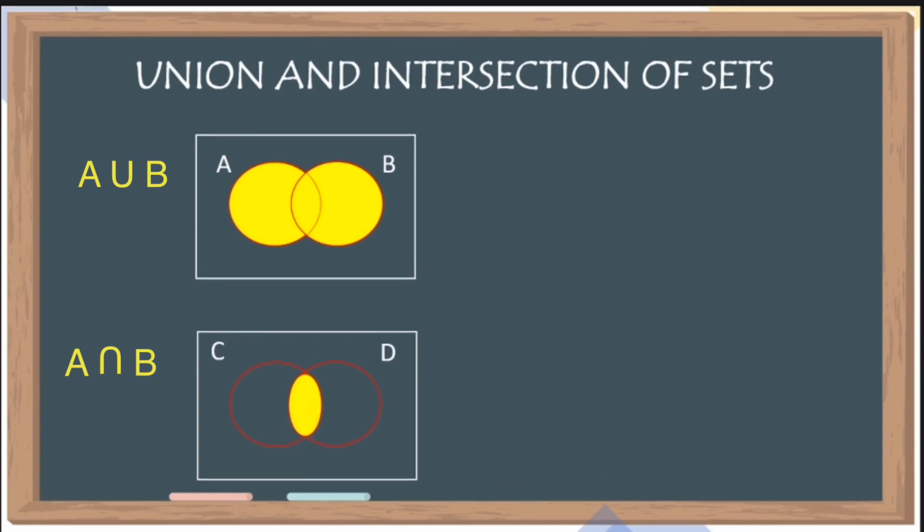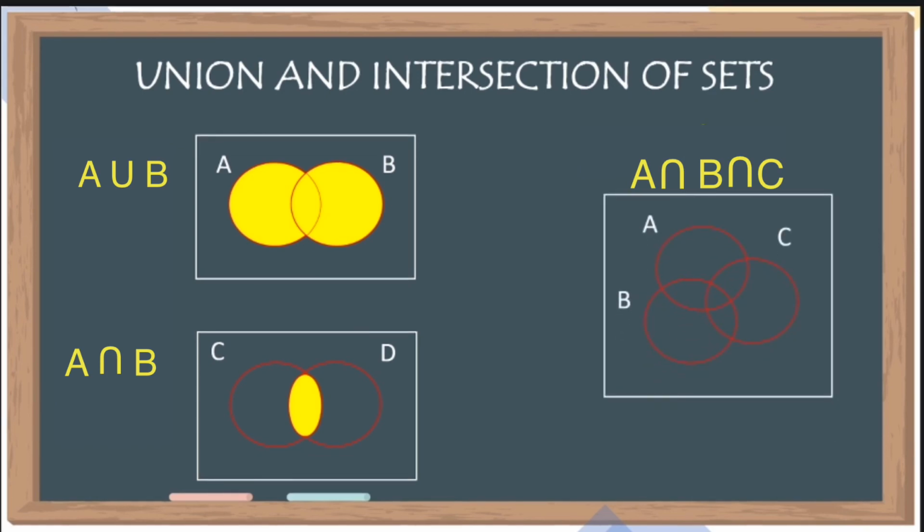Okay? Now, how about if we have three sets? Let's say, for example, we're going to find the intersection of set A, set B, and set C. So, now we don't have shade. So, saan kayang part yan? Sige, shade natin. Saan part kaya ang shaded part?